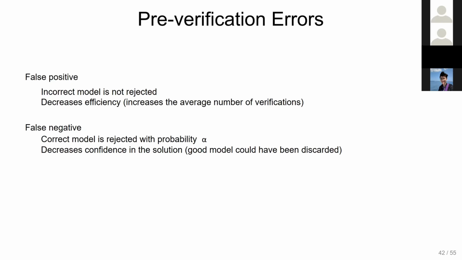False negatives are a problem, because if we reject a correct model with certain probability, then it means that we are decreasing confidence in the solution, because the confidence in the solution is basically the probability that we have not sampled a good model. But here it can happen that we do sample a good model, but we reject it.